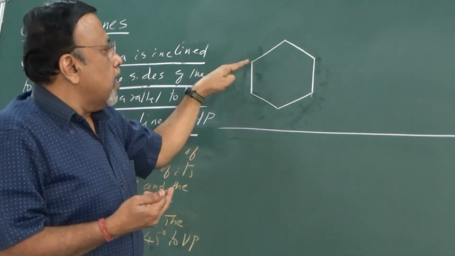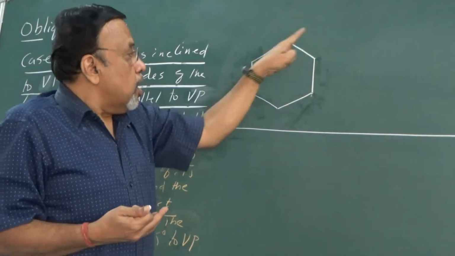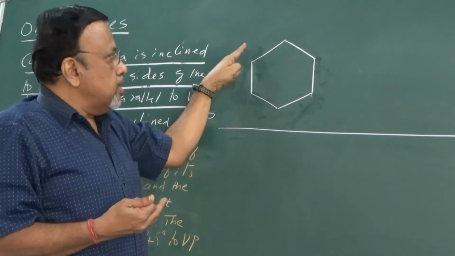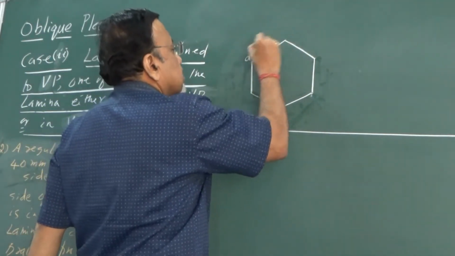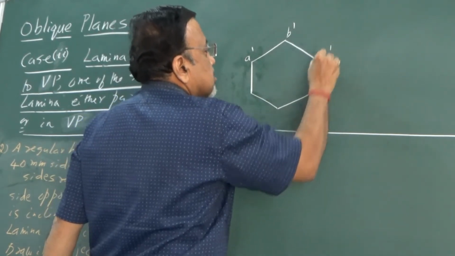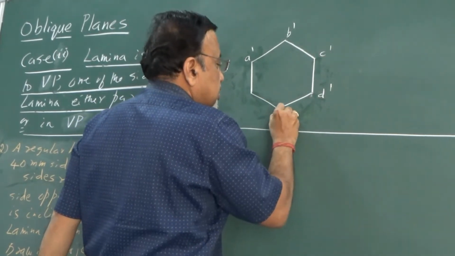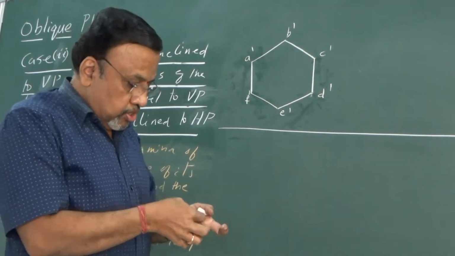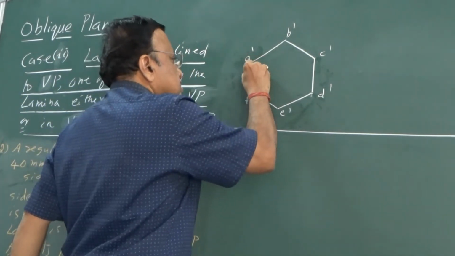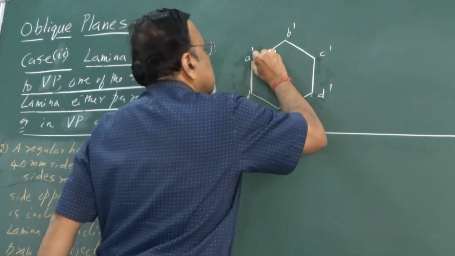That means I am going to name them from the leftmost visible point in the clockwise direction. So let us write A dash, B dash, C dash, D dash, E dash and F dash. So just consider this hexagon now.